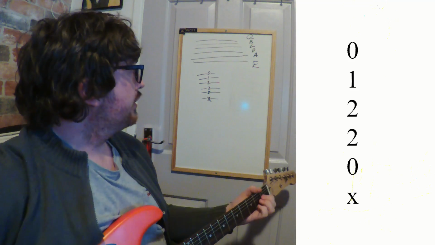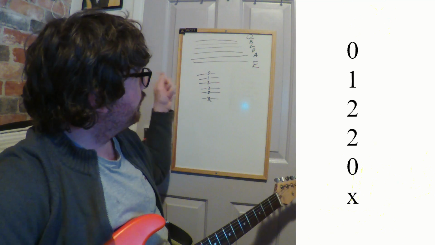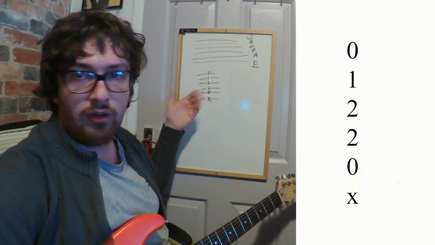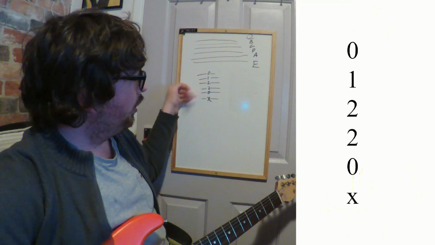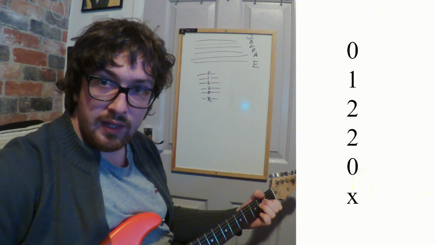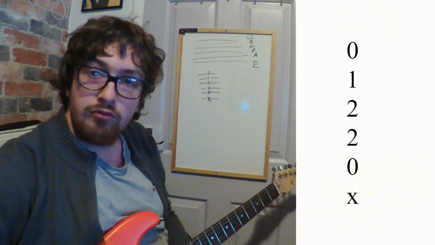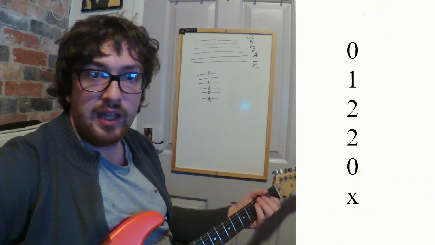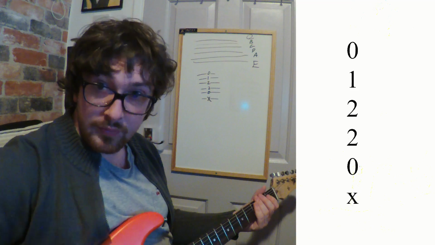That shows me that I have to play the open string, because that's what a 0 represents. First fret, second fret, open, and it will play this. The X means you don't play that string, it's a blank note. So you don't play it.